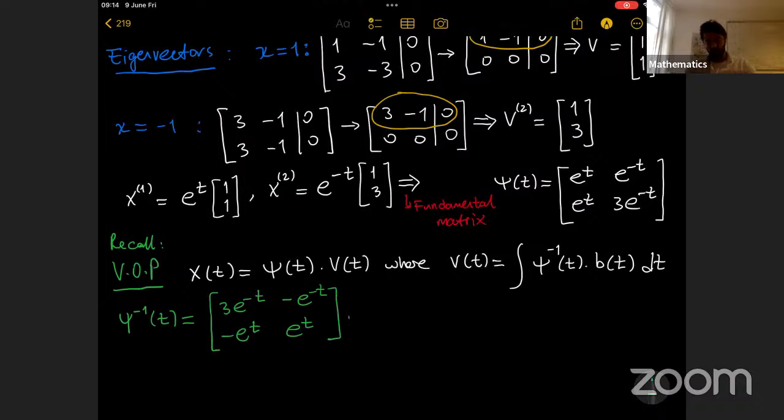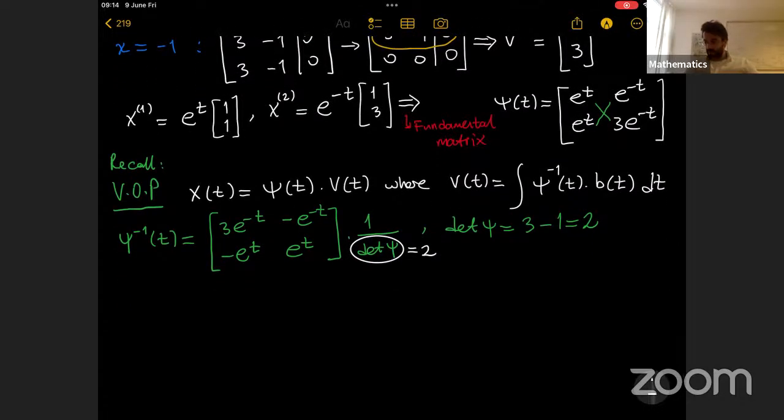And you also multiply with, remember, 1 over the determinant of psi. What is the determinant of psi? Well, it is 3 minus 1, which is 2.